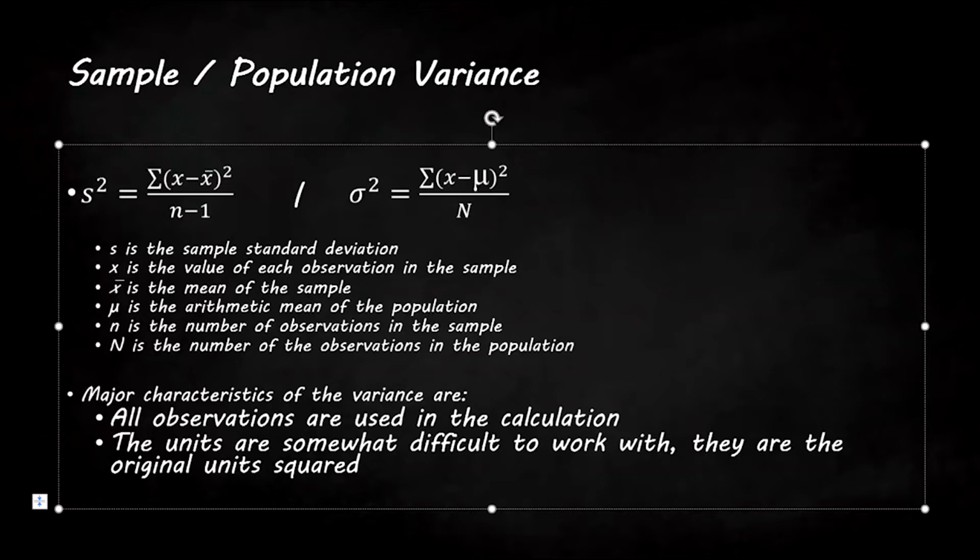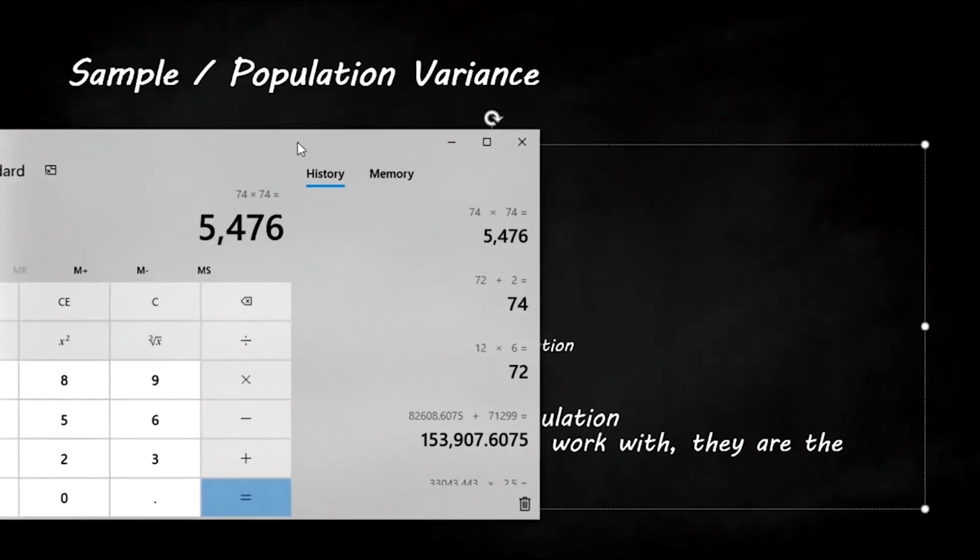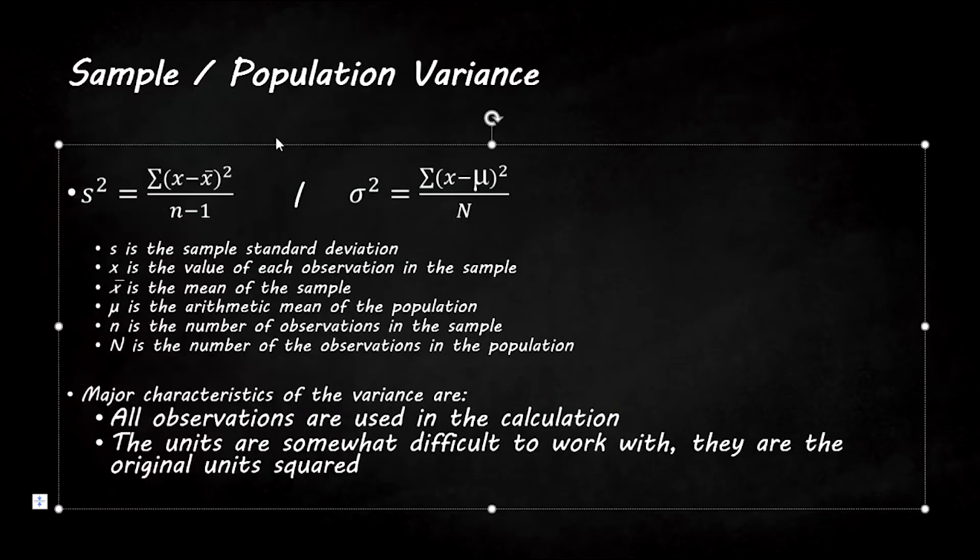Stating the variance would be the equivalent of saying, I'm 74 inches tall squared, or 74 times 74, which equals 5,476 squared inches. If I were to walk around telling people that my height is the square root of that, it really wouldn't make too much sense. That's the same thing with variance.